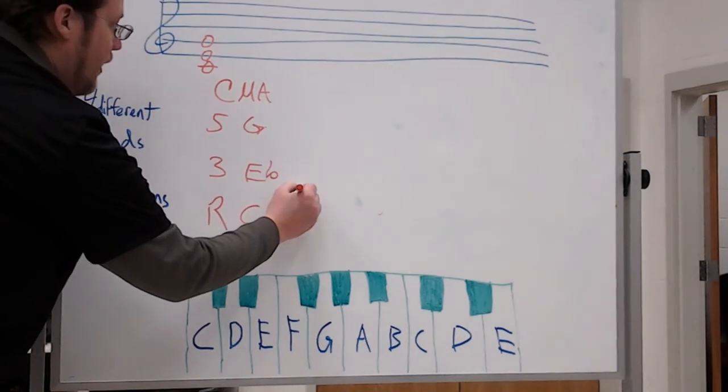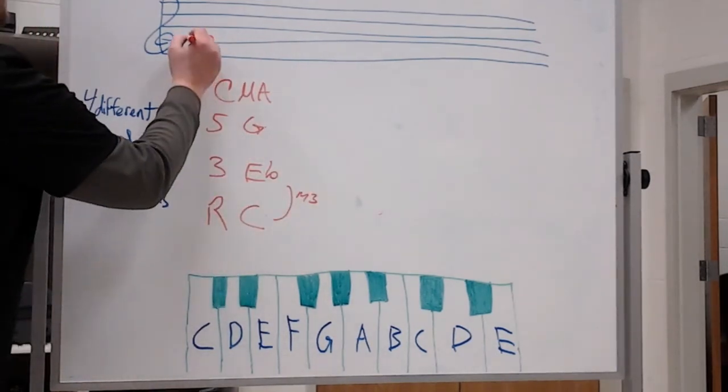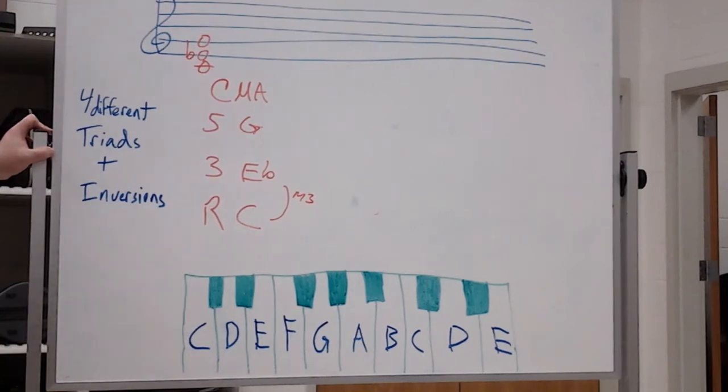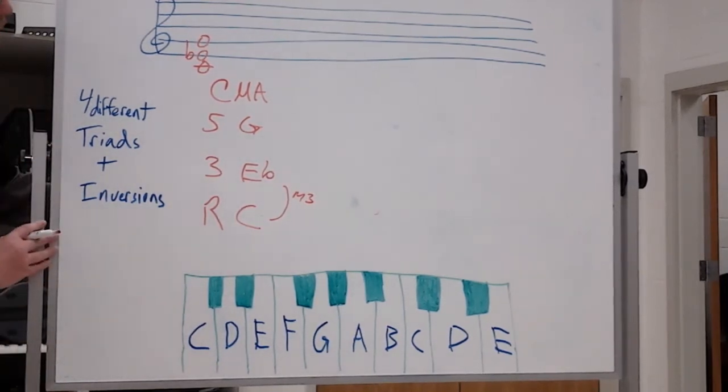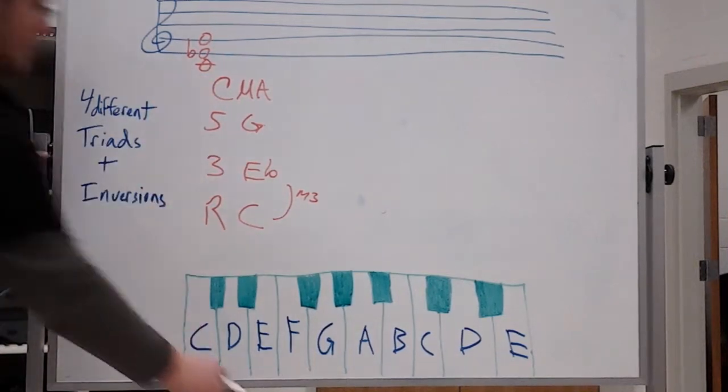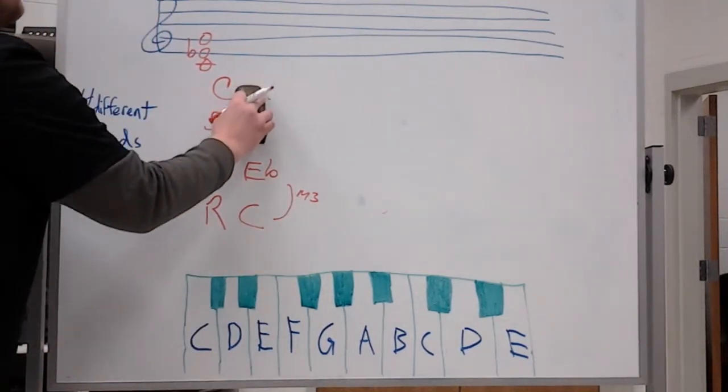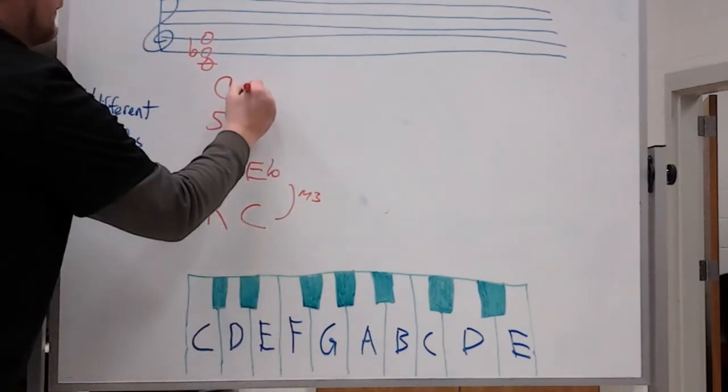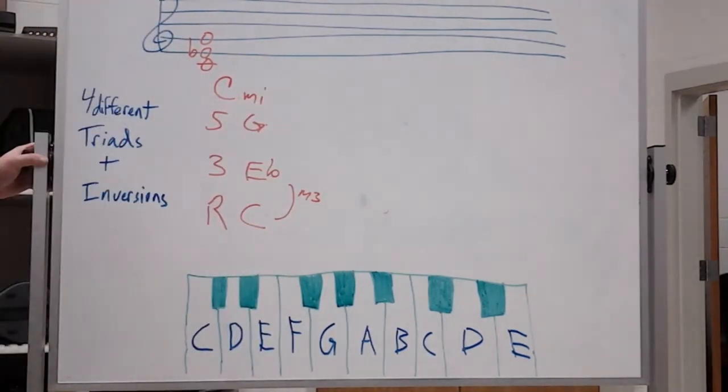That gives us the interval of a minor third, E flat in the music, and that changes our triad from a C major to a C minor. So now we have the interval of C to E flat on the bottom of our triad, and we still have the perfect fifth from C to G, and the 3 notes together create a C minor triad.